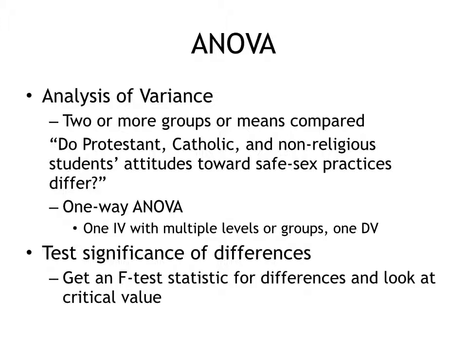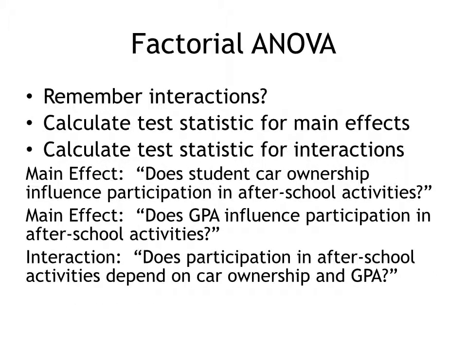And again, there are tables for F-test statistics, and you look and see if your number is above or below that critical value at your level of significance. Really, really simple.